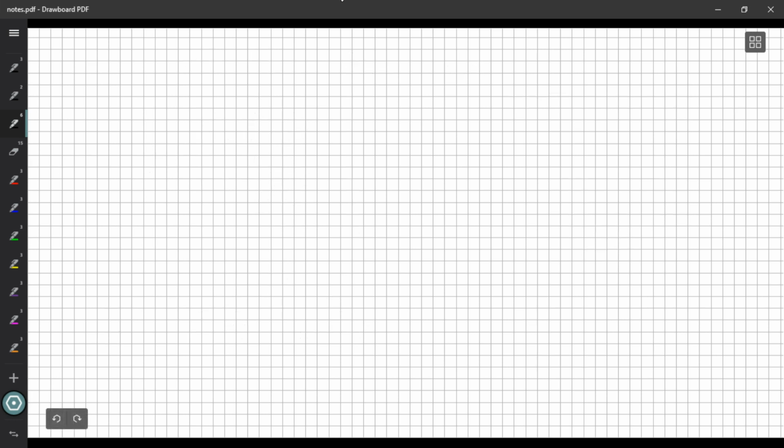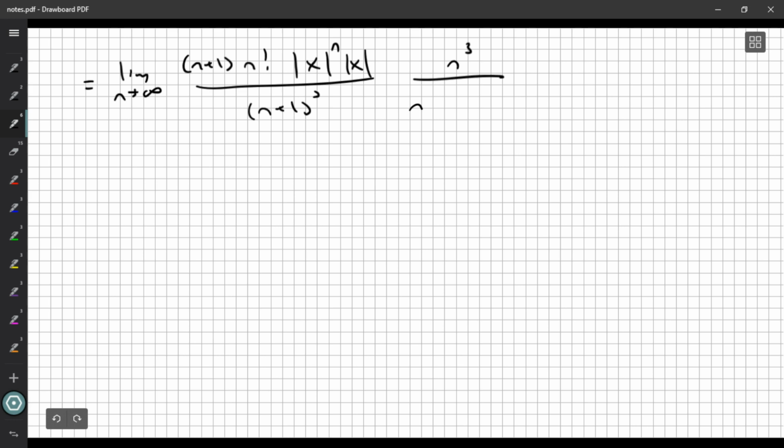Now we can write the n plus 1 factorial as n plus 1 times n factorial. We can write the absolute value of x to the n plus 1 as absolute value of x to the n times absolute value of x. And we see that a few things are going to cancel out.